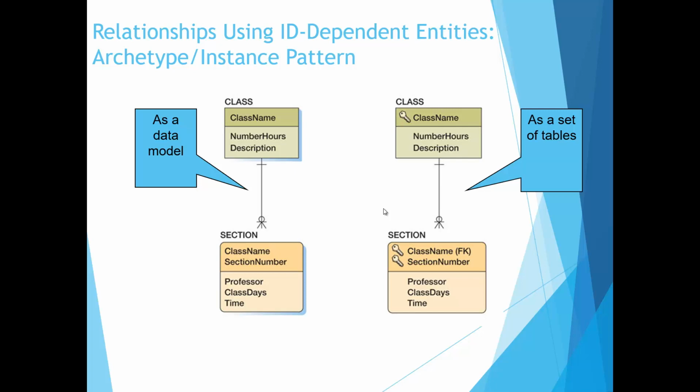A good example is a classroom or a class, which has many sections, and the section is an instance that will include the professor name, class days, and time. Each section will have different time, different days, and might have a different instructor. Using the class name in the instance table will make it an ID dependent table.